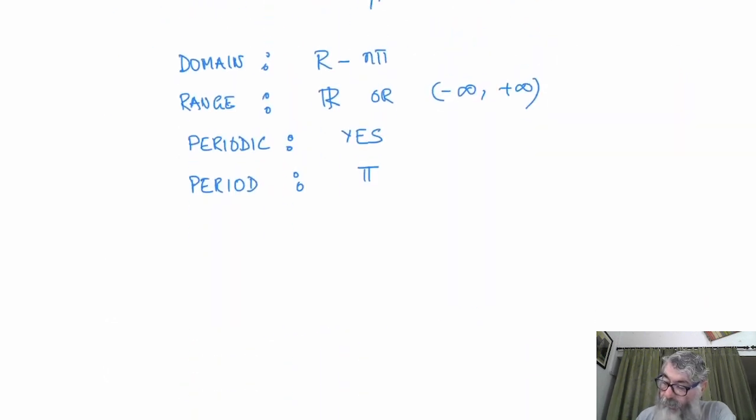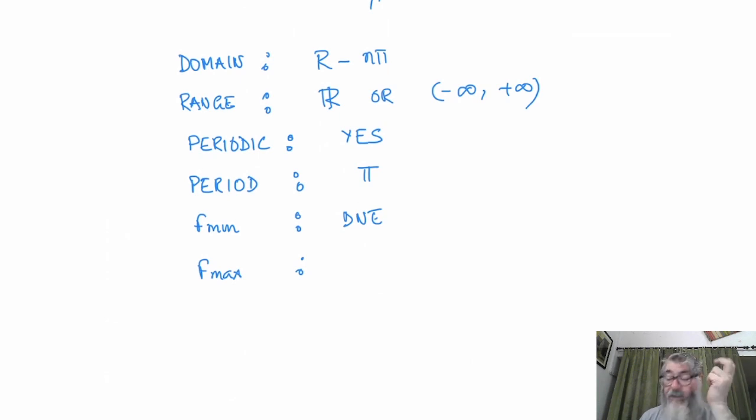The function's minimum value does not exist, and its maximum value does not exist, because the range goes from minus infinity to plus infinity, and infinity is not a defined phenomenon.